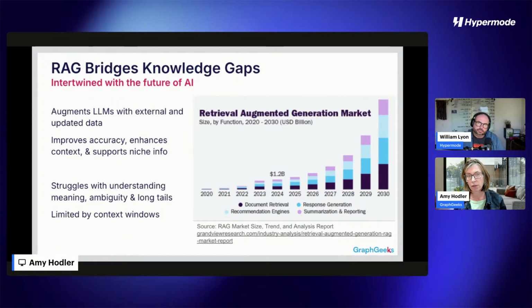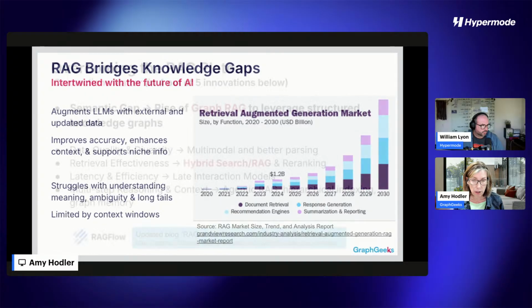Things that don't happen very often can also be difficult to use RAG for. So there are a number of elements that limit RAG in general, also context windows, which we'll talk about maybe a little later when we talk about memory. There are a number of things that limit where the plateau of RAG is happening.